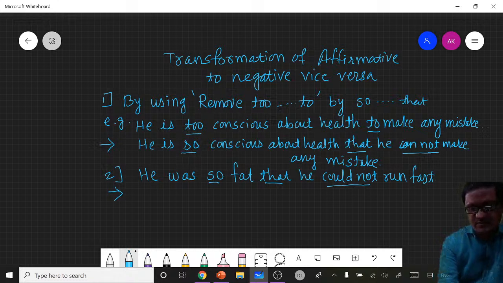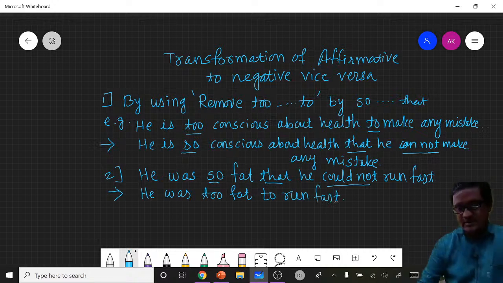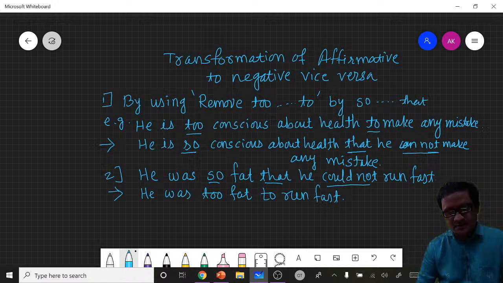So the affirmative sentence would be: He was too fat to run fast. Look here, no negative words are here, hence it is an affirmative sentence. This is how we can transform the sentence from negative to affirmative and vice versa.